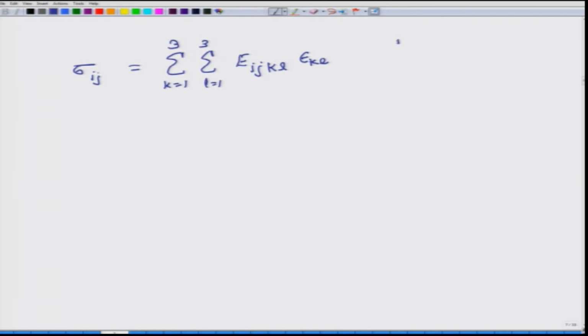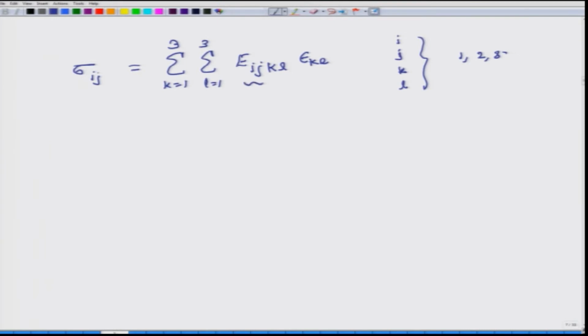Once again, the indices I, J, K, L could all assume values of 1, 2 and 3, and 1, 2, 3 are basically axes. 1 could be the x axis, 2 could be the y axis and 3 could be the z axis.